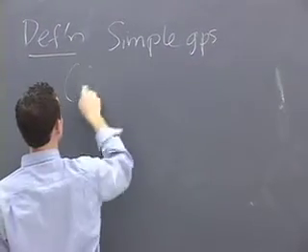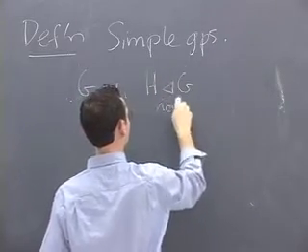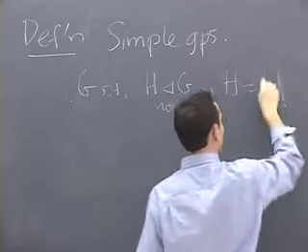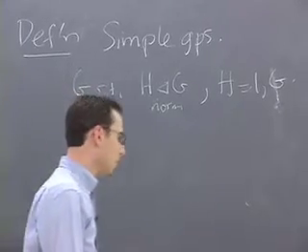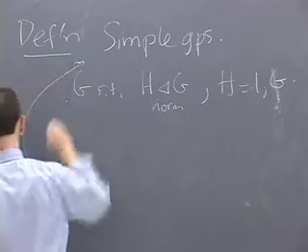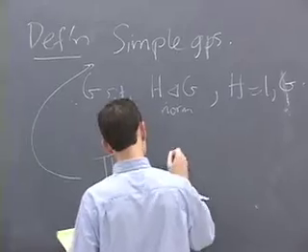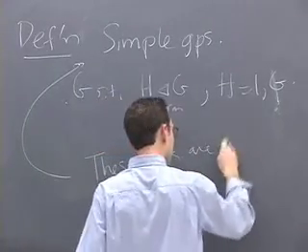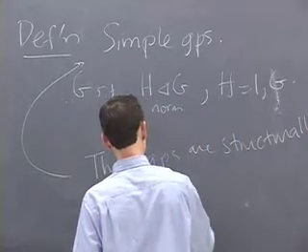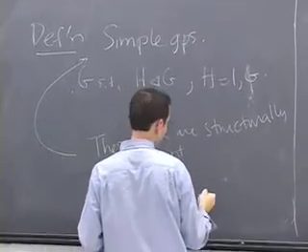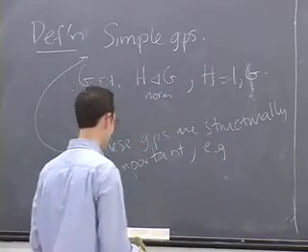In other words, G such that if I have a normal subgroup, that normal subgroup is either the trivial subgroup or all of G. So a point here is that these groups are structurally important for a number of reasons. But here's an example of a reason why they might be structurally important.